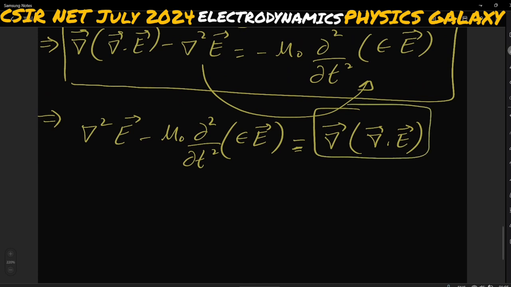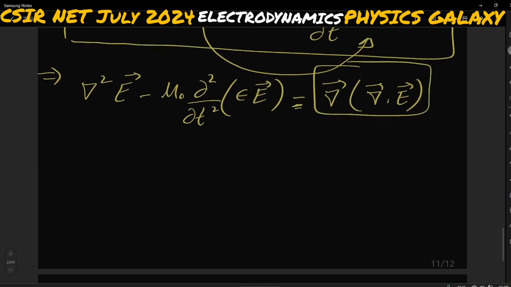Now because this is a charge free medium, we know in charge free medium rho free will be zero. If rho free is 0, we'll use one more Maxwell's equation, that is the first Maxwell's equation, divergence of D equals to 0.